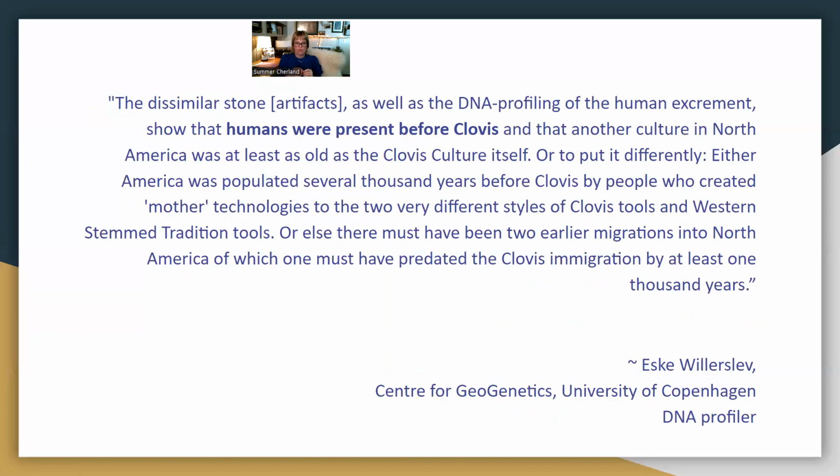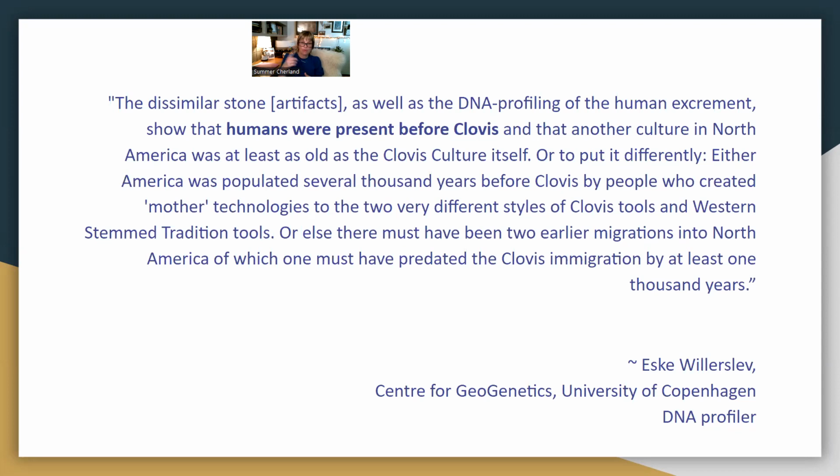So here's a quote from one of the researchers out of Copenhagen who did a study on this. He said, the dissimilar stone artifacts, as well as the DNA profiling of the human excrement, show that humans were present before Clovis, and that another culture in North America is at least as old as the Clovis culture itself. Or, to put it differently, he writes, either America was populated several thousand years before Clovis by people who created, quote, mother technologies to the very different styles of Clovis tools and Western stemmed tradition tools.